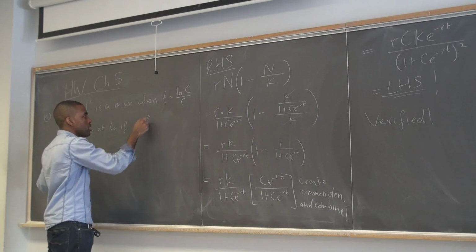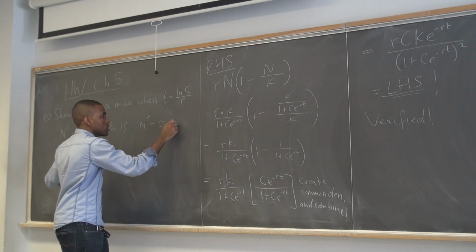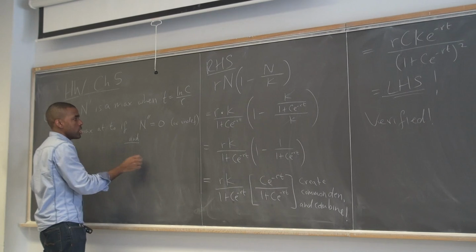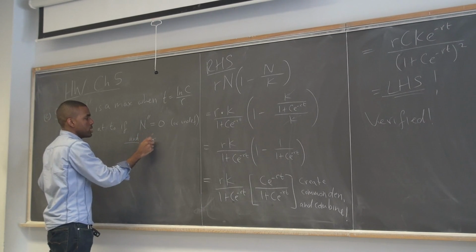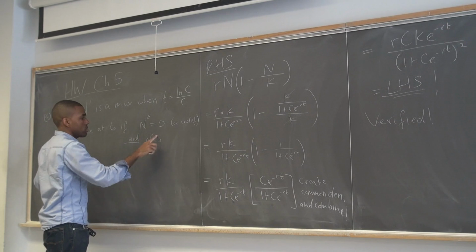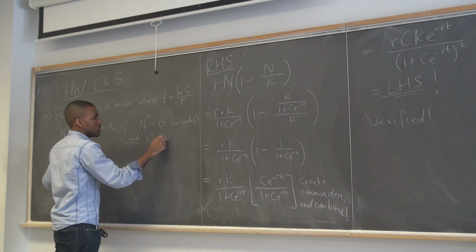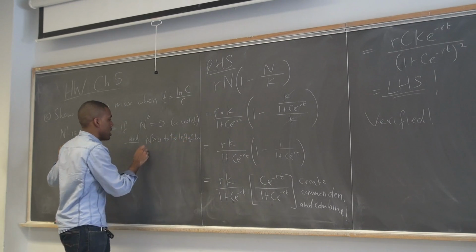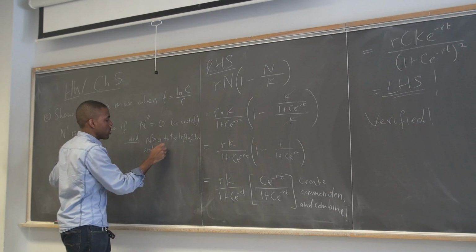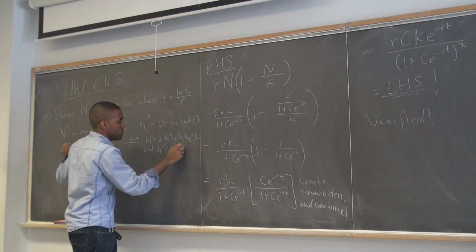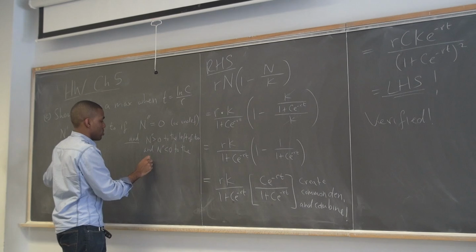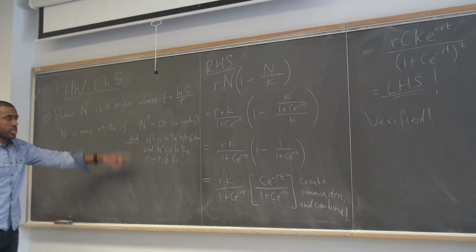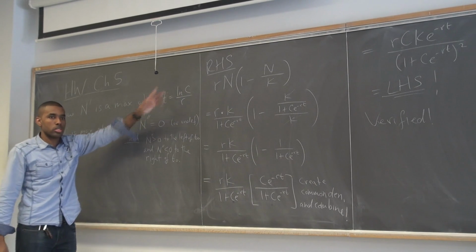So this means that n double prime equals 0 or undefined, and at the same time n double prime is positive to the left of t0 and n double prime is negative to the right of t0. All I have to do is show that this happens when your t0 is equal to this.